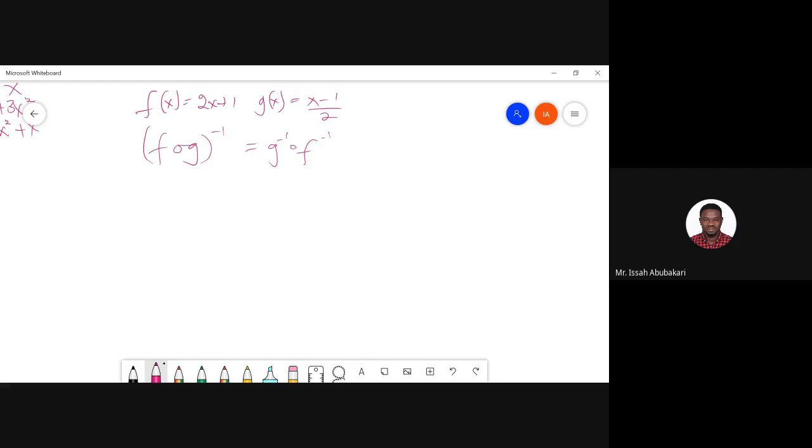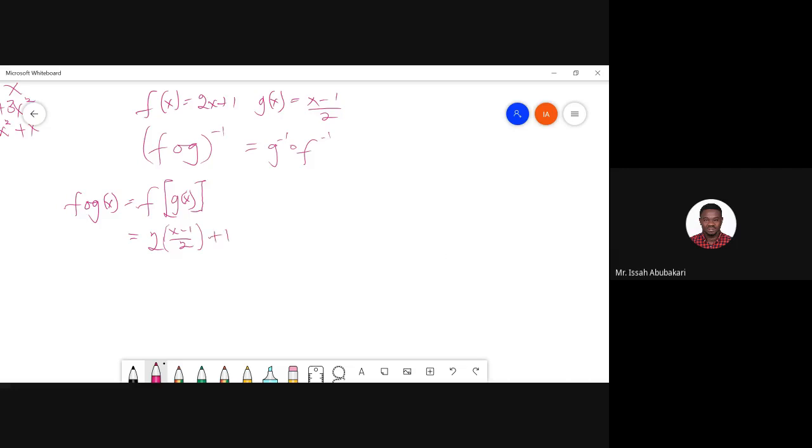So the first one says fog. Fog of x is the same as f of g of x. Okay. So now, where is our f and where is our g? So we are going to put g of x into what? F. We have 2, and then we place g of x here, (x minus 1) divided by 2, plus 1.